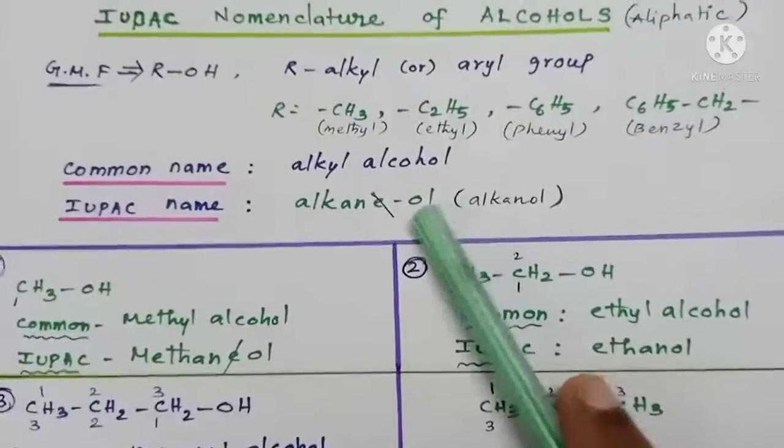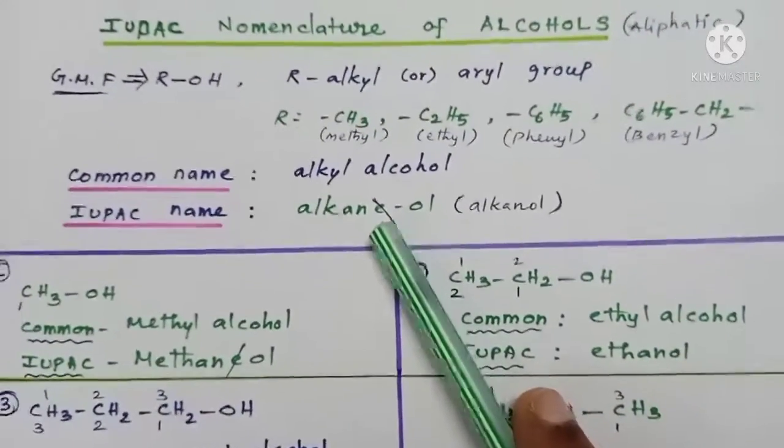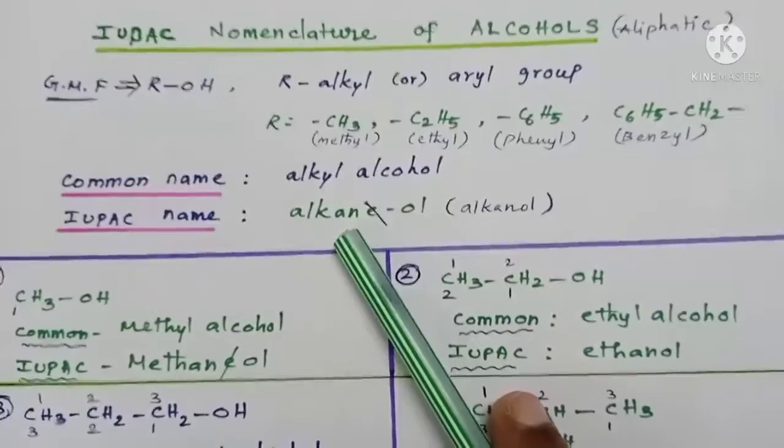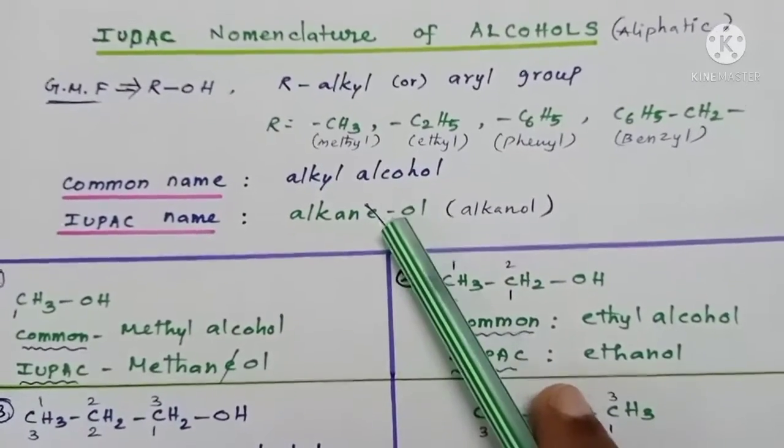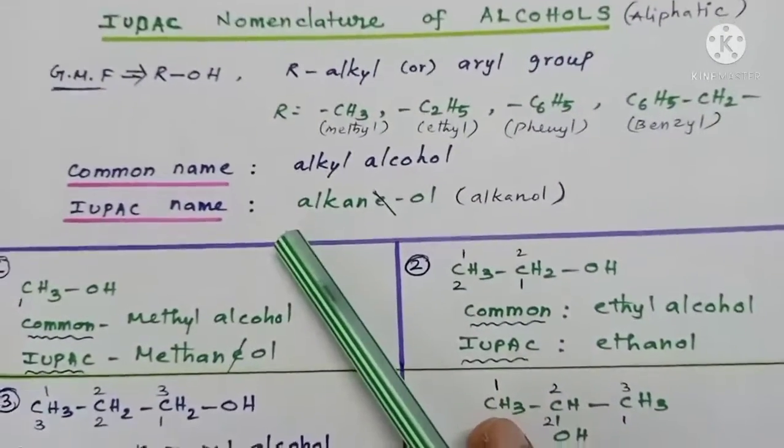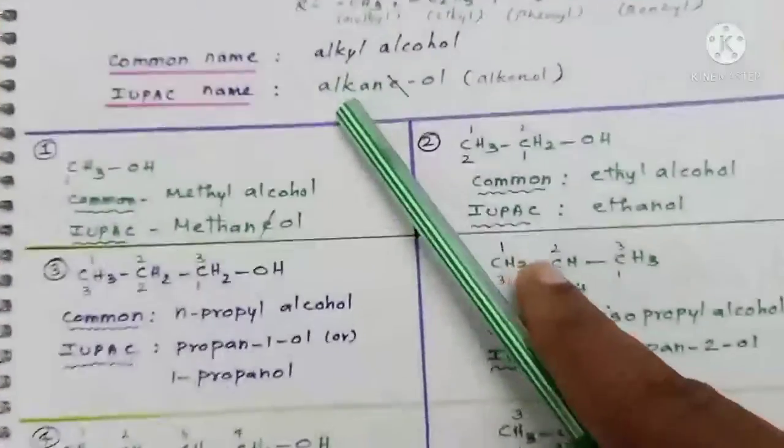While adding the suffix OL, we neglect the final E, so in the IUPAC system these are called alkanols. Let us see some examples of aliphatic alcohols.